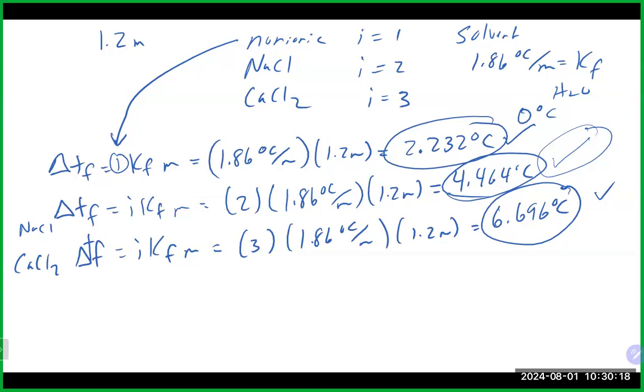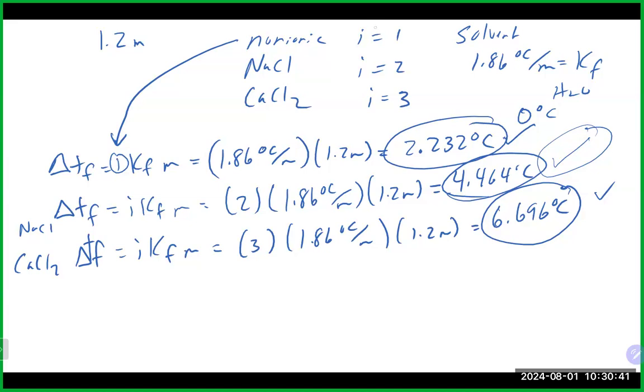So this just clearly illustrates the idea that we've been talking about, that with colligative properties, the more particles you have in that solution, the greater the impact is going to be on things like freezing point and boiling point. And as you can see here, if it is an ionic compound that you are dissolving as a solute, you do need to take into account how many particles it forms.